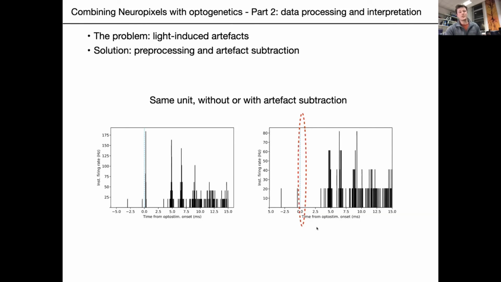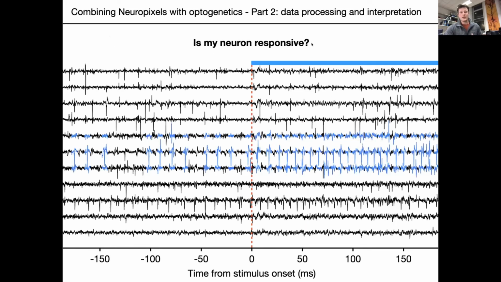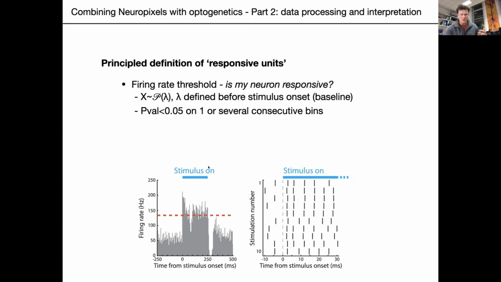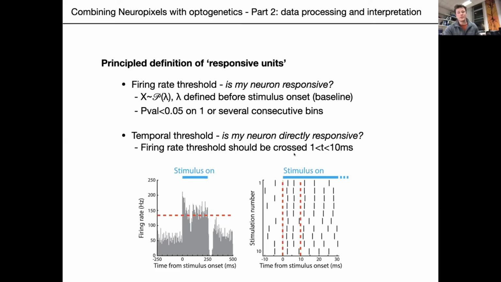but still look at your spikes, because false positives are the norm rather than the exception. Then the question that you ask yourself is whether your neuron is responsive. It fires way more spikes once the light is on, but is it some false positive response for some reason? So first of all, you want to know whether your firing rate is higher than some threshold when the light is presented, obviously, but it's really important to also consider the time when this increase in firing rate occurs.